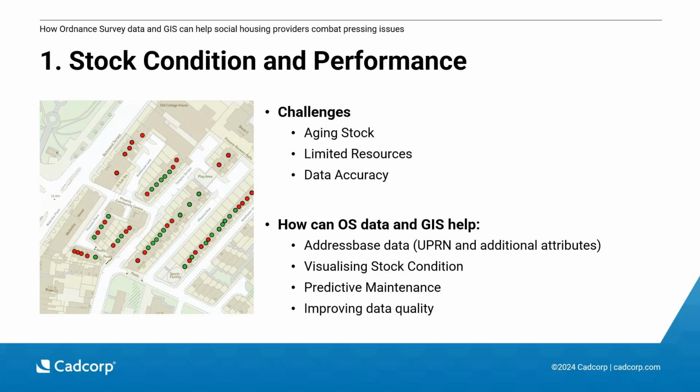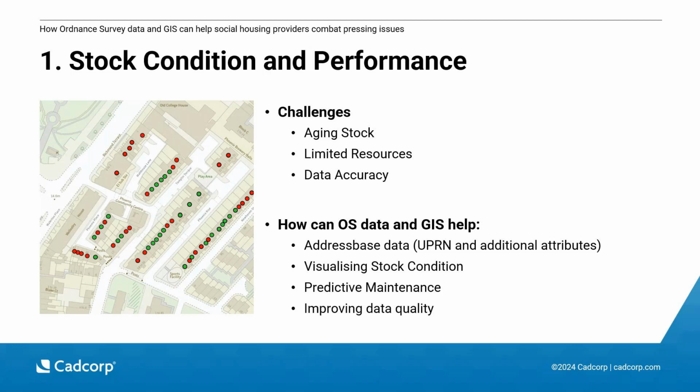The organisation can then amend their own business data to the address-based data in order to visualize stock conditions through the GIS. This can easily identify repair history, environmental factors, building design data, and it can be used to predict potential issues and schedule preventative maintenance, which looks at reducing overall costs and disruptions.